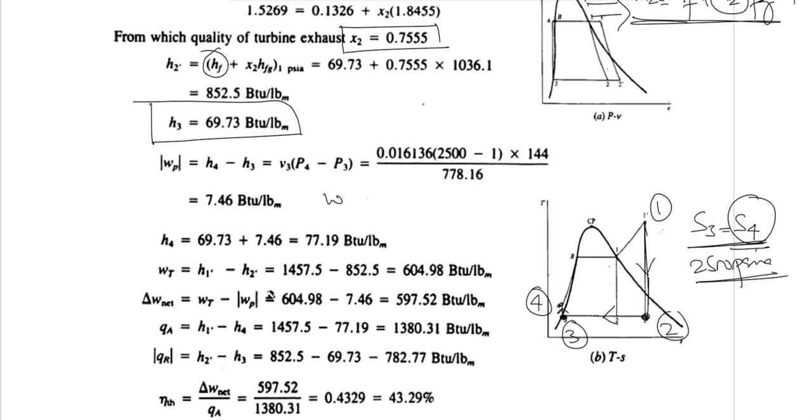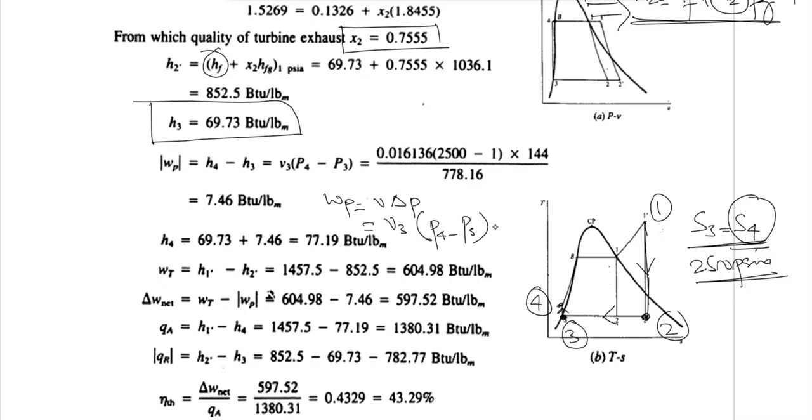Normally the work done of the pump is equal to VdP, and that means if I'm looking from 3 to 4, that will be V3 times the change in pressure, P4 minus P3. So that's the work done of the pump.